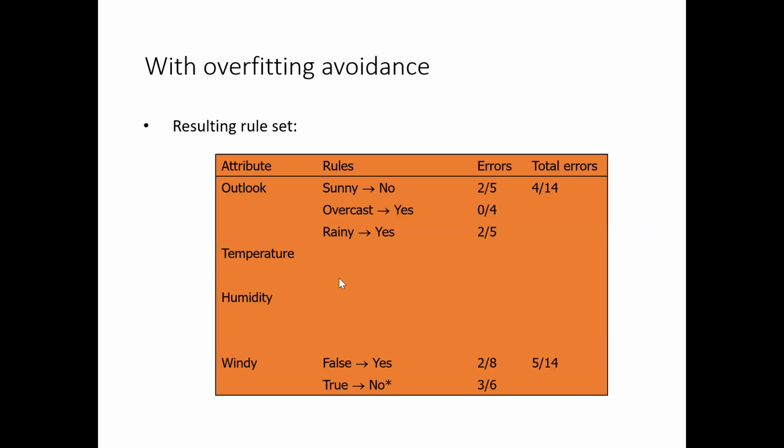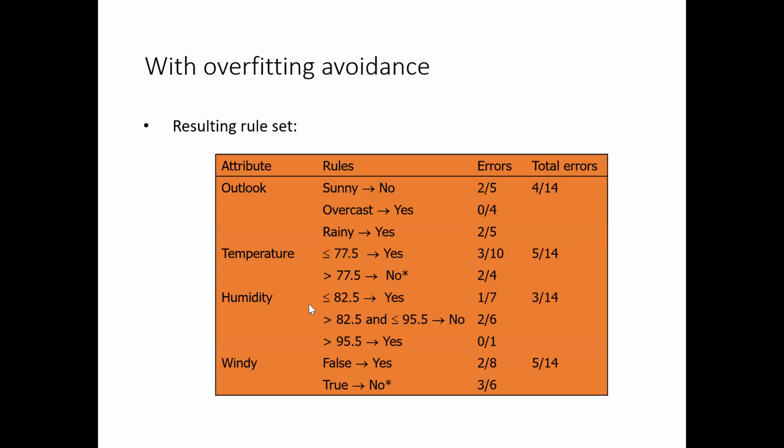If you do the same calculation for temperature and humidity attributes using the interval from the previous step, here will be the outcome. The total error for temperature is 5 out of 14, humidity is 3 out of 14. Okay, my last question is, what is the outcome?